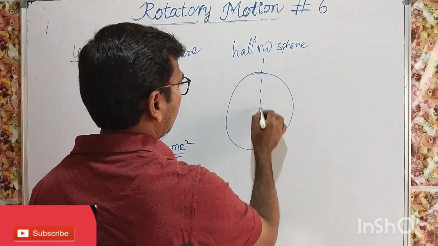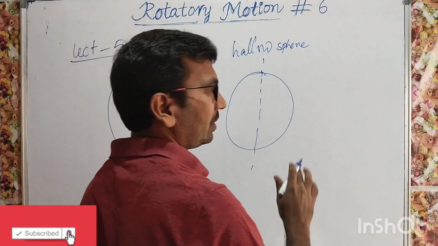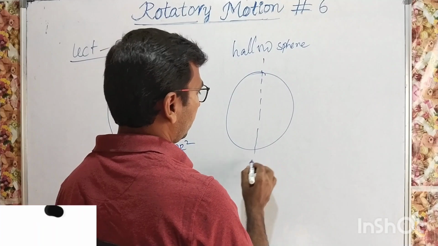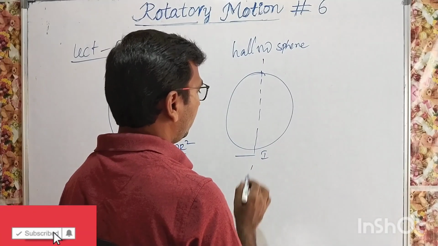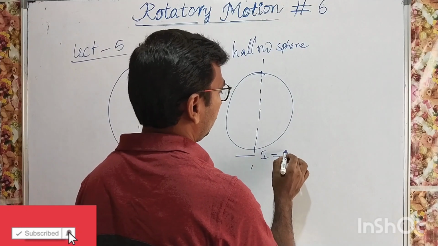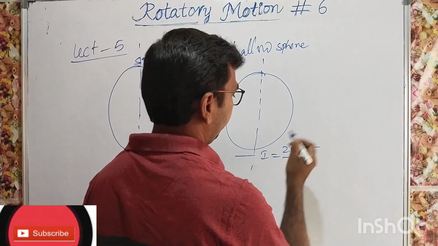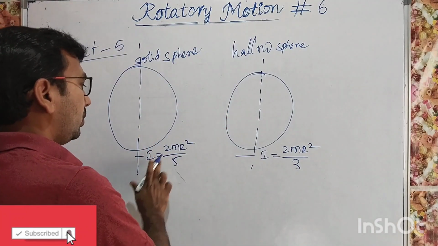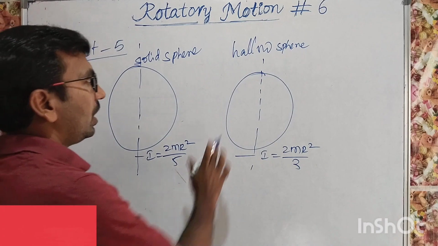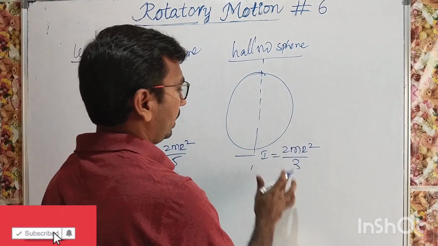Here the axis of rotation passes through any center, any diameter, any COM, and I is equal to 2mr square by 3. So solid sphere: I is equal to 2mr square by 5. Hollow sphere: I is equal to 2mr square by 3.